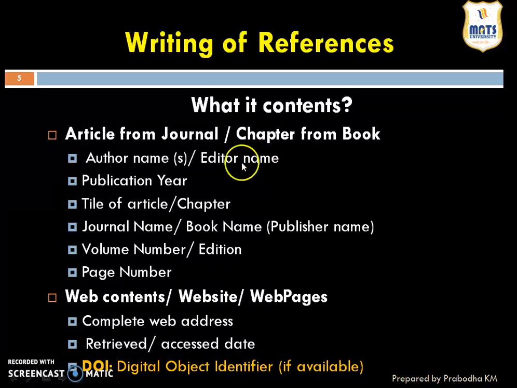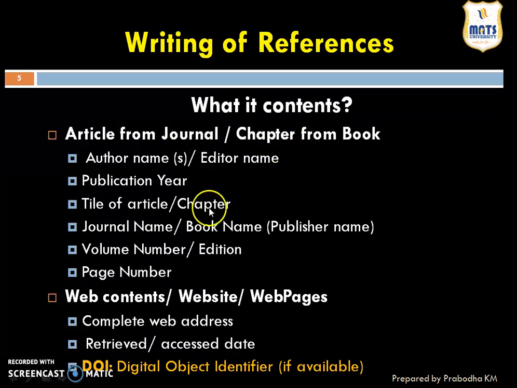The second one is the publication year of that specific journal article or book chapter. Then the title of the article or chapter, the journal name in case of a journal article, and the book name in case of a book chapter. In some cases, it can also be the publisher name, volume number or edition number, and page number. These are the pieces of information we need to collect while referencing any article from a journal or a chapter from a book.